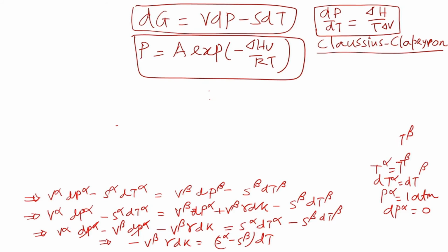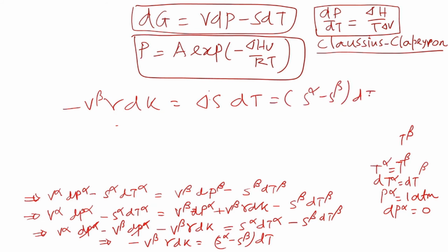But this forces you to write, because I am using the same slide again and again. So what I do is modify this equation as minus V beta gamma d kappa is equal to delta S dT, that is nothing but S alpha minus S beta dT.